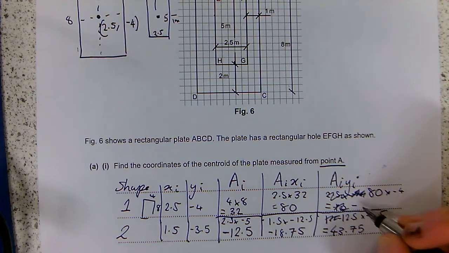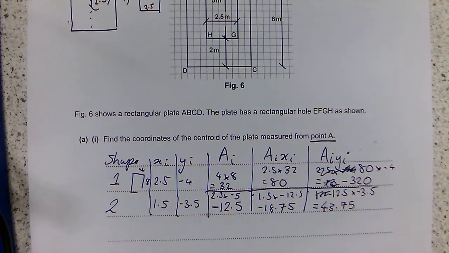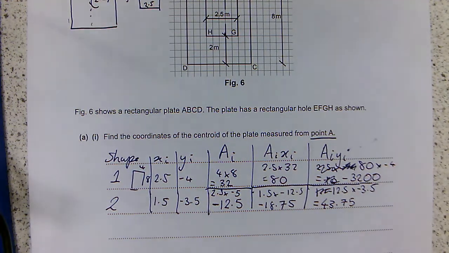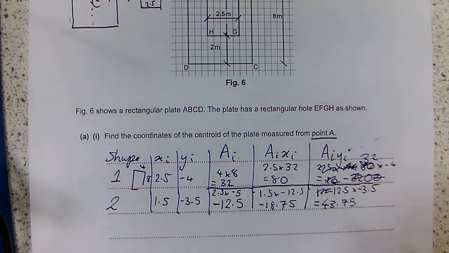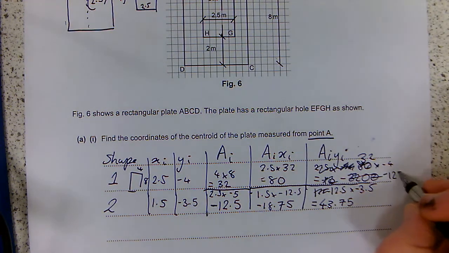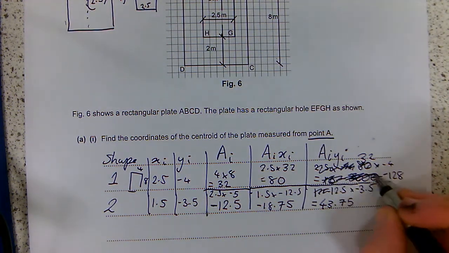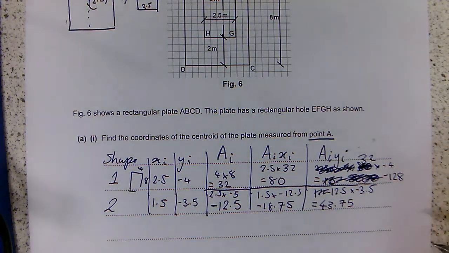So that's going to be minus 128. That is just an example of how easy it is to mess up these questions if you don't check what you are putting in.